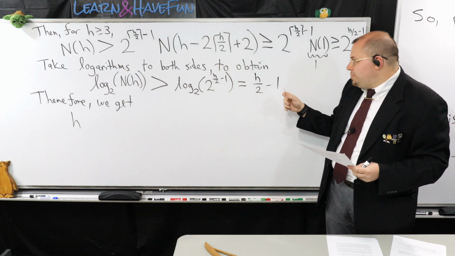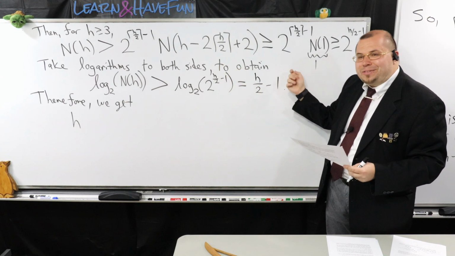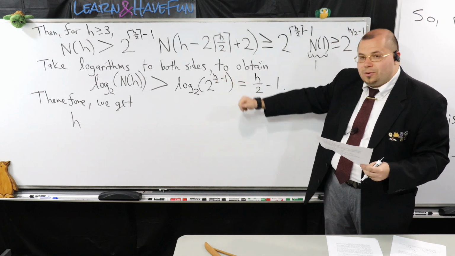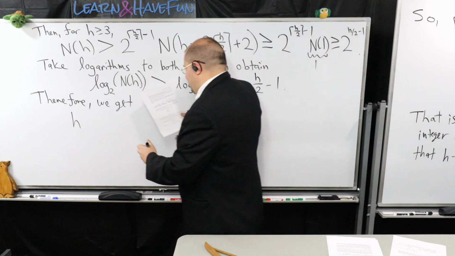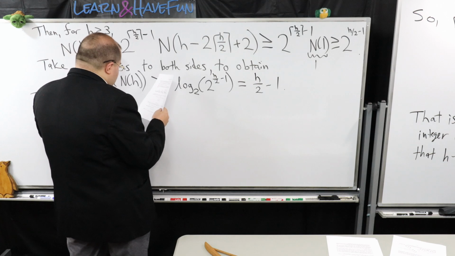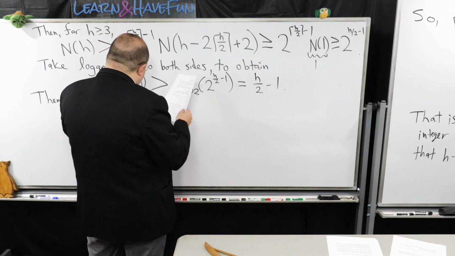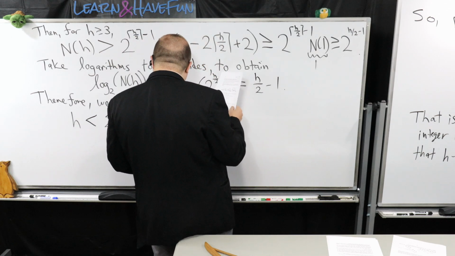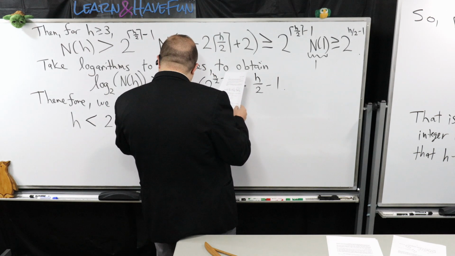And then I'm going to add 2 to both sides. So h is now going to be less than 2 times log base 2 of n of h, which is the minimum number of internal nodes an AVL tree of height h has, plus 2.